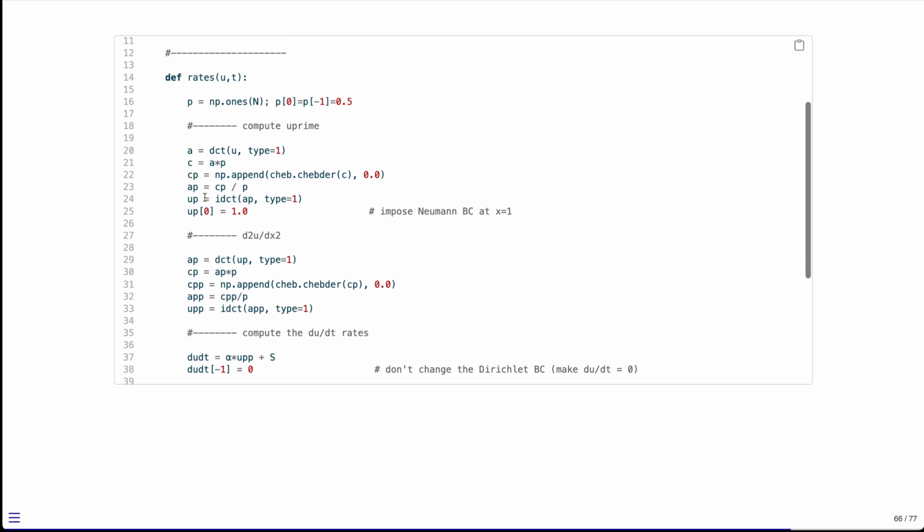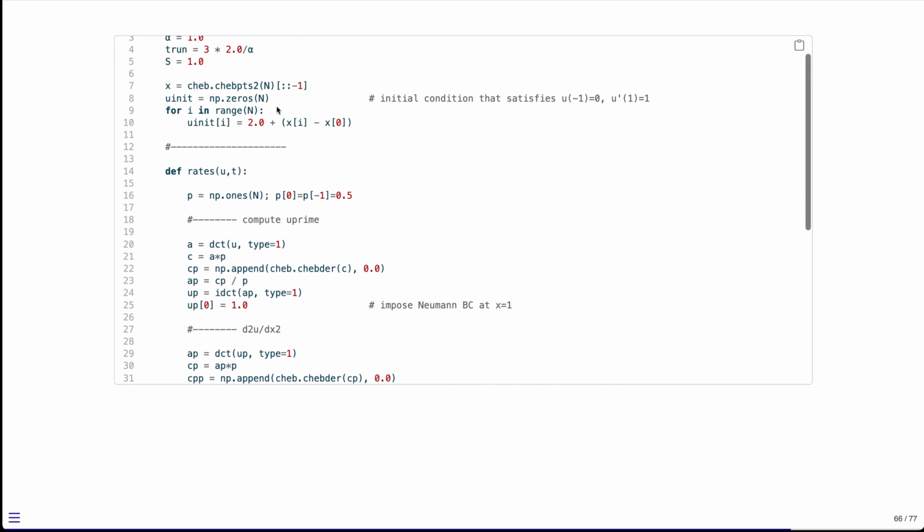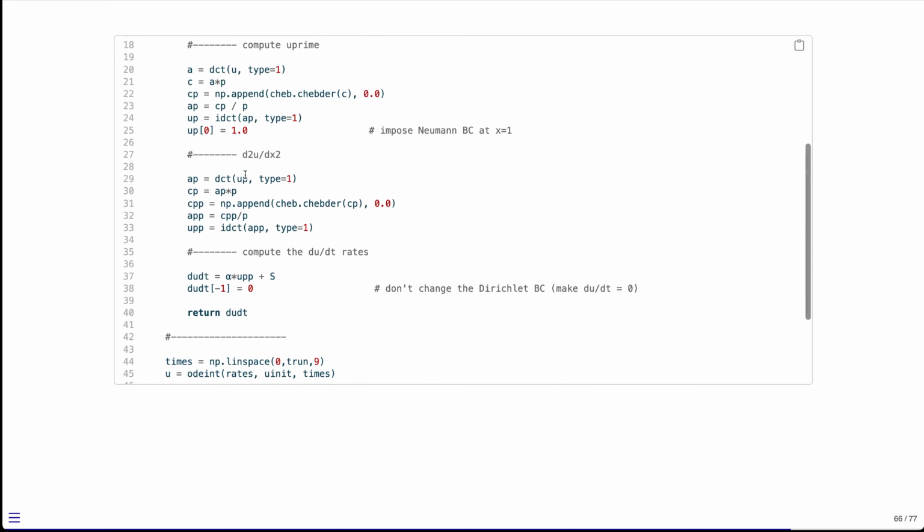This looks funny because I inverted my x grid, so x is 1.0 at the first point of the array because we went backwards.